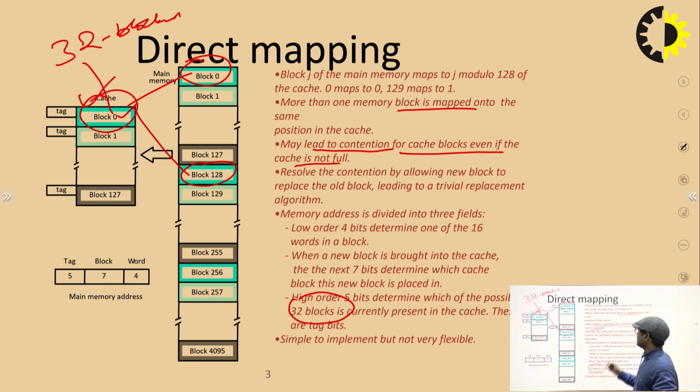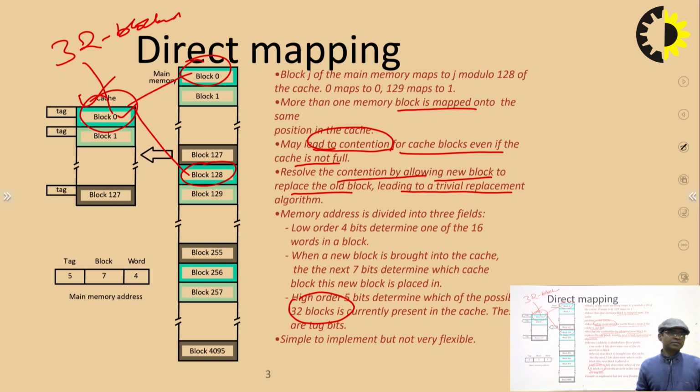So, what will happen? There will be contention, space is available and you are not able to utilize it. So, to resolve the contention, we need to replace the old block, leading to trivial replacement, meaning we have to remove the existing block even though it is being used.